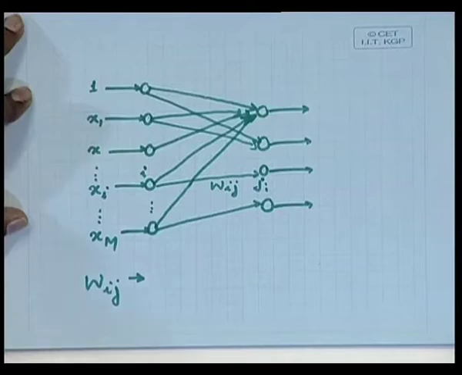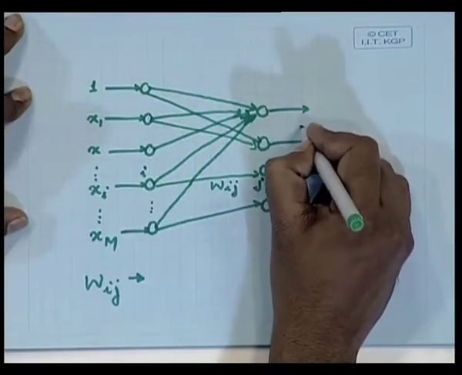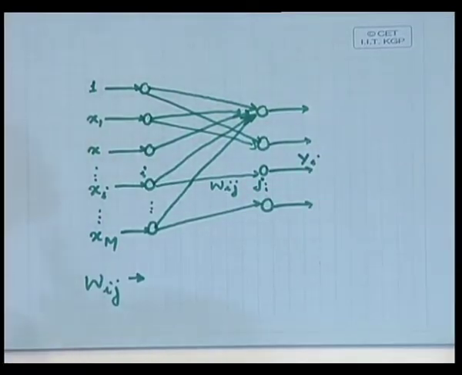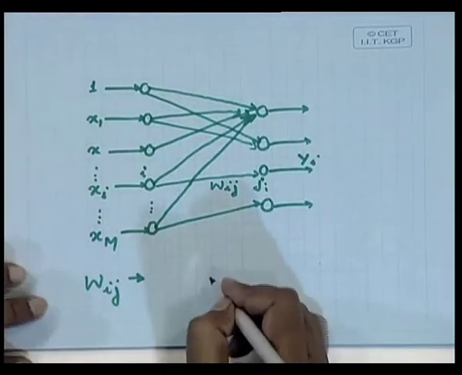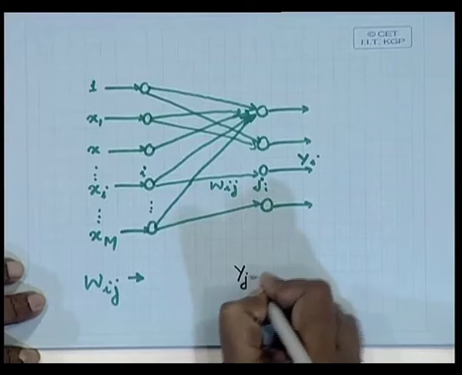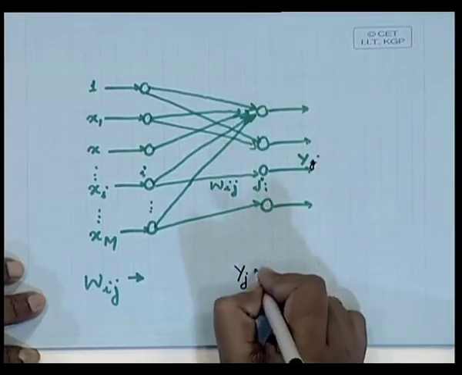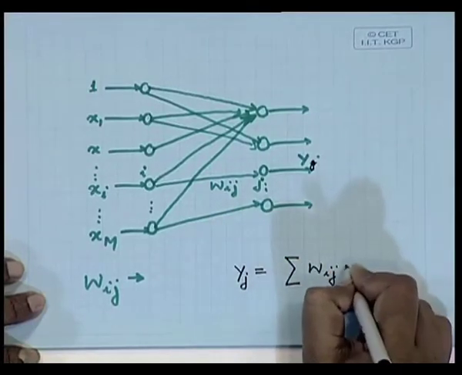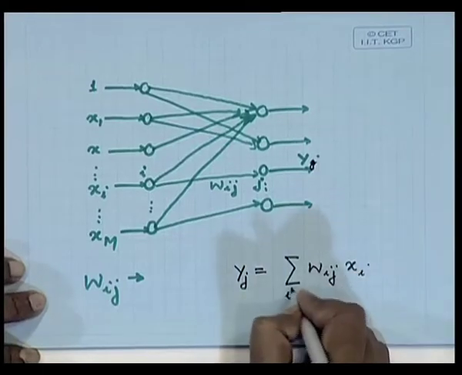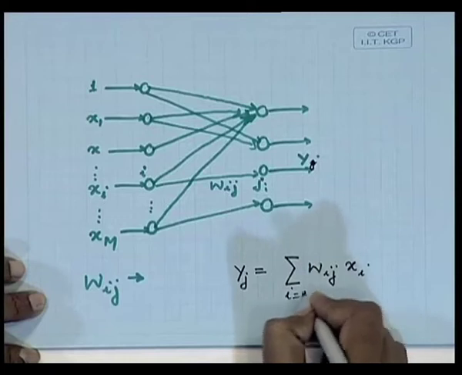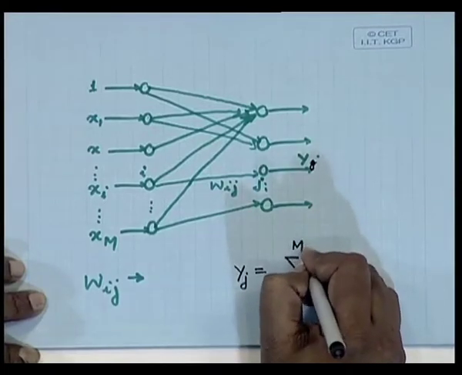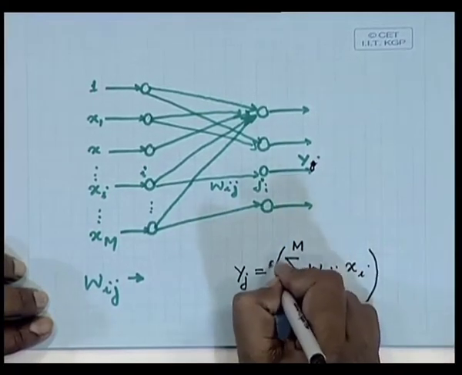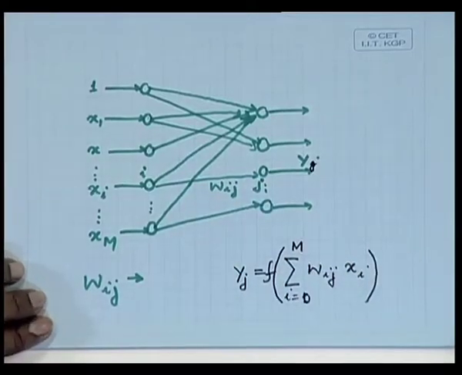If I call this output Yj, then Yj will be the summation of Wij into x i, with i varying from 0 to capital M, followed by the non-linearity applied at the output of the output layer nodes.